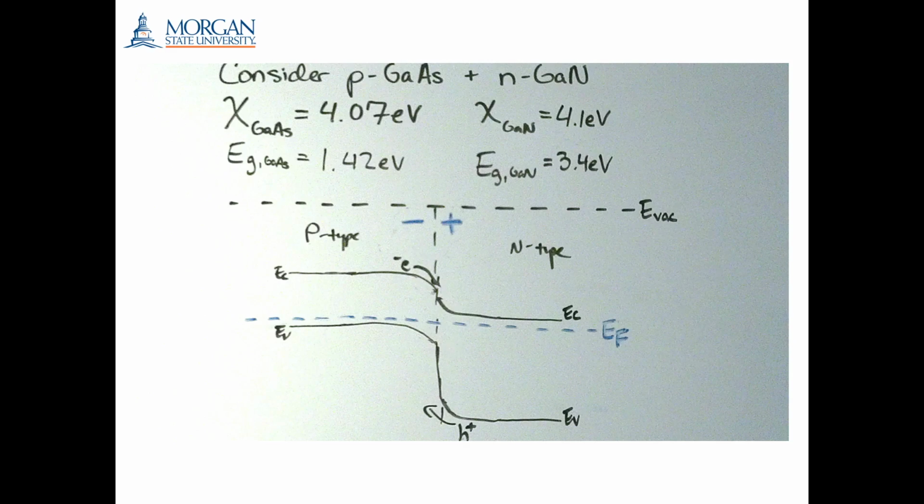However, as you can also see, it would be very difficult to get holes from my gallium arsenide to my gallium nitride, and electrons from my gallium nitride to my gallium arsenide, but particularly for the holes. And so what this means is that this is going to be very rectifying for hole flow.